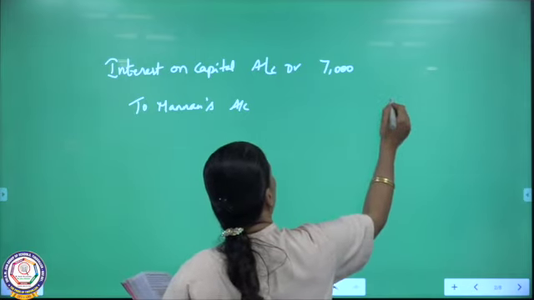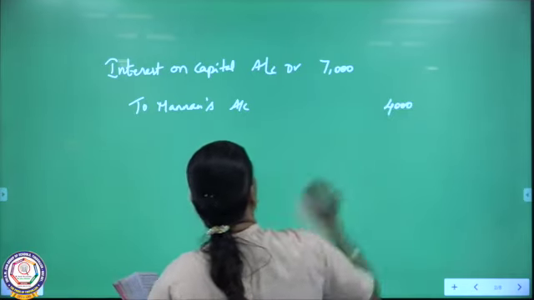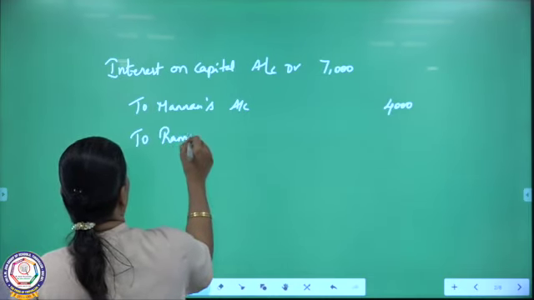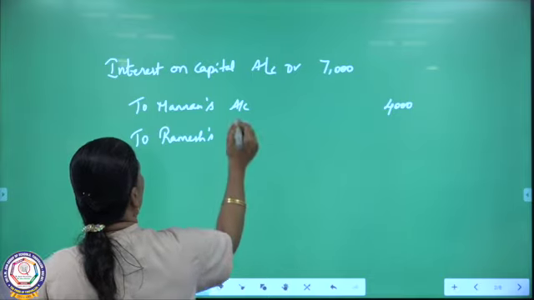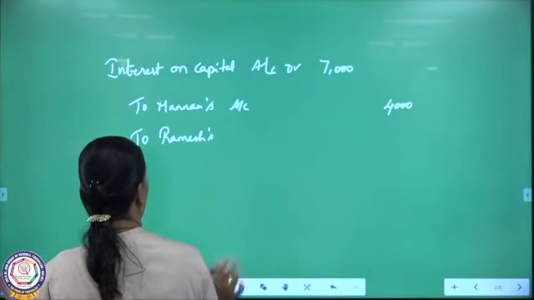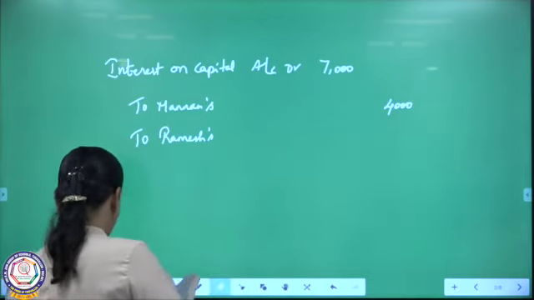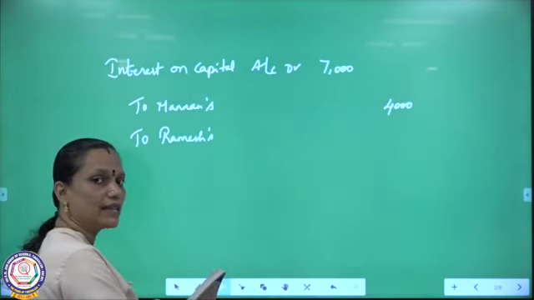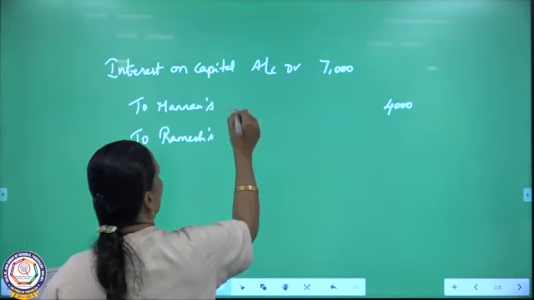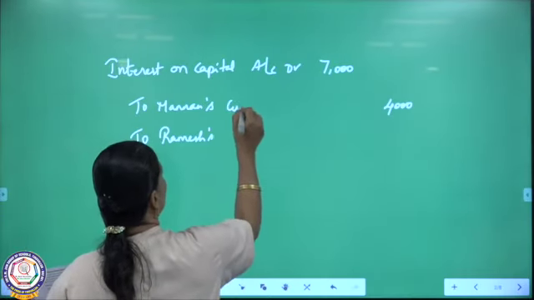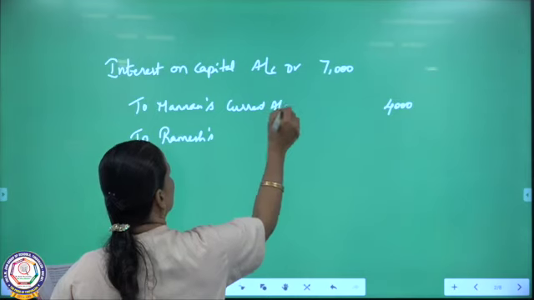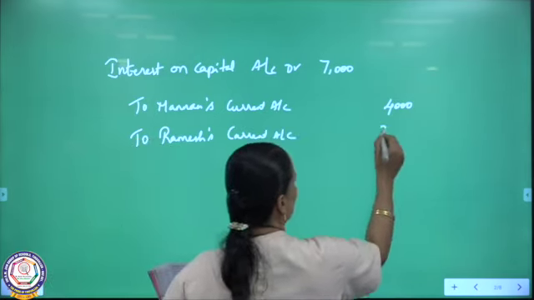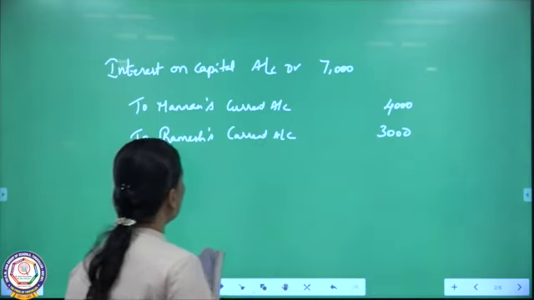Account 4,000. And then to Ramesh current account. You can write current account because what they have given, current account already they have given in the question itself. So, you have to write current account. 3,000.